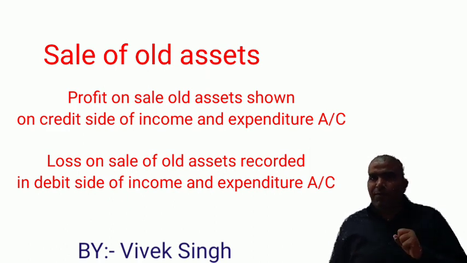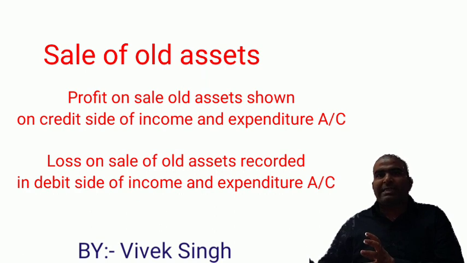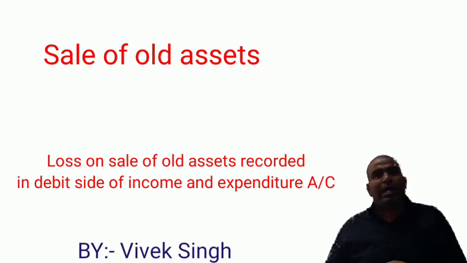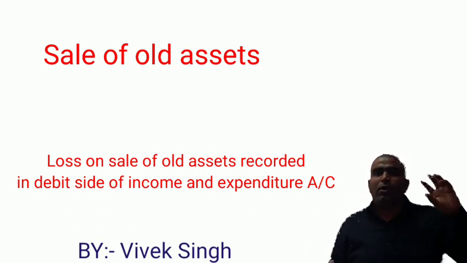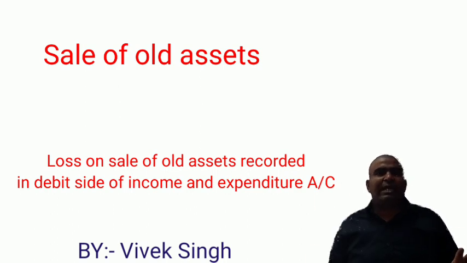Clear? If the book value of an asset is 5,000 but it is sold at 4,000, it means there is a loss of rupees 1,000. That loss of 1,000 should be recorded on the expenditure side of income and expenditure account. Clear? So we have to record only the loss portion and profit portion in income and expenditure account. Clear?